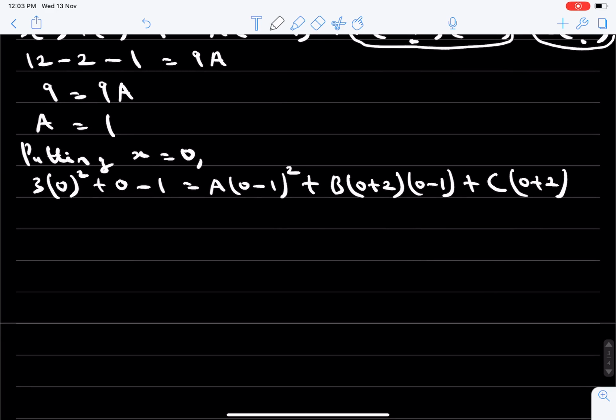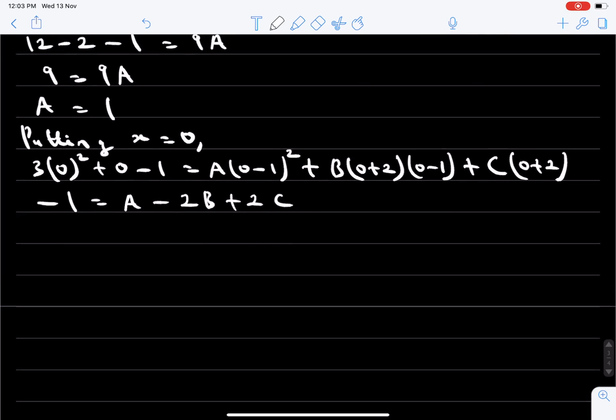And that means minus 1 equals A minus 2B plus 2C.